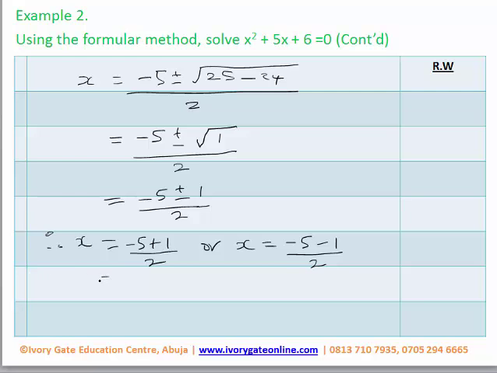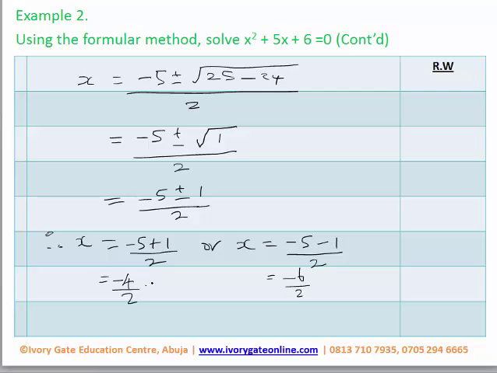Simplifying either of them further, we have minus 5 plus 1. When we have this difference, we use the bigger number to subtract the smaller number. That gives us 4, and the sign of the bigger number, minus, all over 2. Then minus 5 minus 1 is minus 6 over 2.